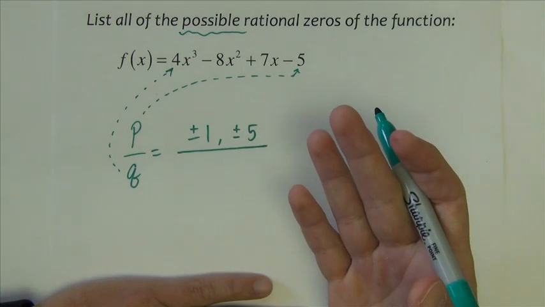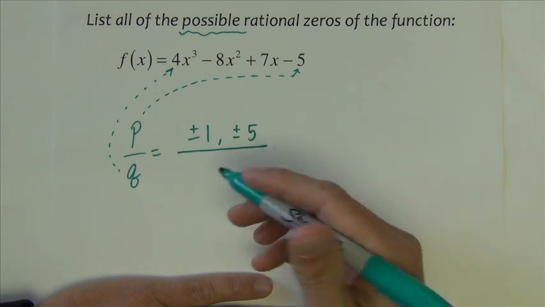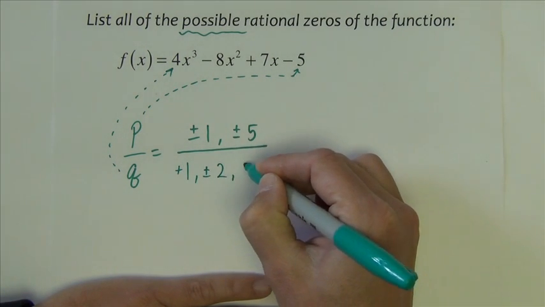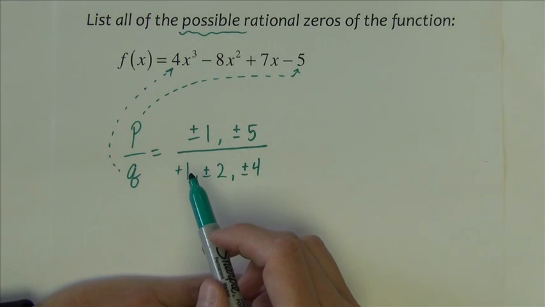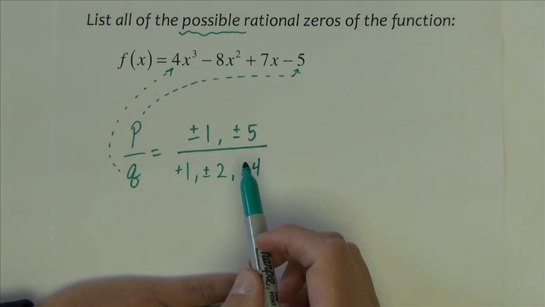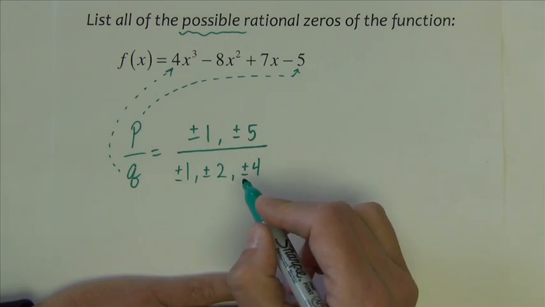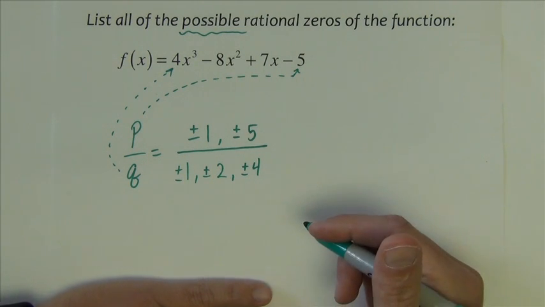How can we multiply to get 4? That's 1 times 4, 2 times 2. I'm going to put them in order: 1, 2, and 4. And again, plus and minus for the same reasons, because positive times positive is a positive 4, and negative times negative would also make a positive 4. So it's always just plus and minus of all of them.